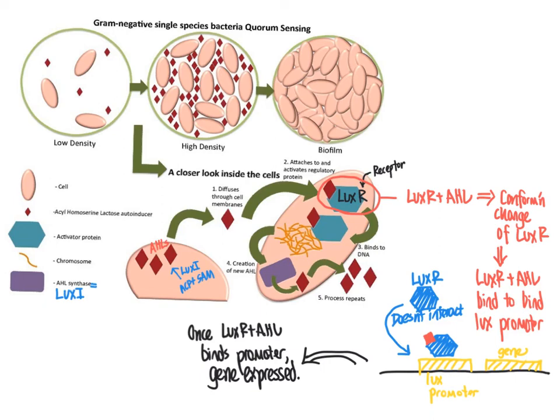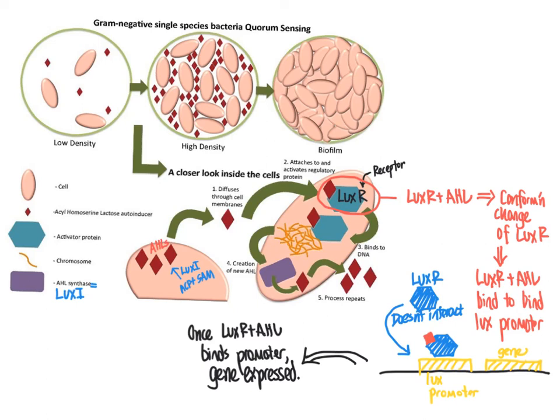And so in that regard, the genes that are under this control are the genes that are involved in the coordinated group behaviors. So that once the concentration of the AHL goes up to a sufficient level, we will see the changes in gene expression that result in the formation of biofilms, the production of light, and the wide variety of other traits that we associate with quorum sensing.